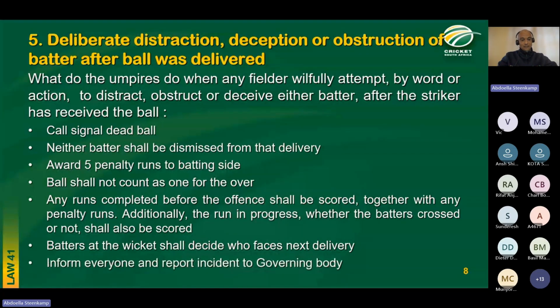And lastly, you need to inform everyone: captain of the fielding side, batters, captain of the batting side, everyone needs to be informed, and must report this to the governing body of cricket for that particular competition.